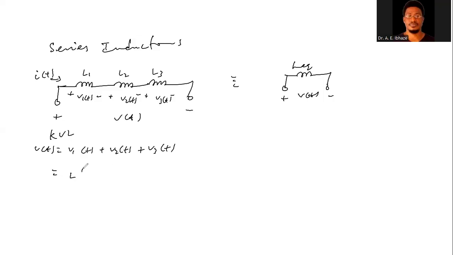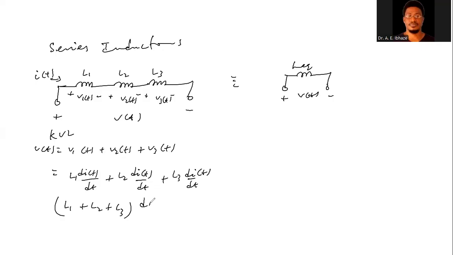And that will give us L1 di/dt plus L2 di/dt plus L3 di/dt, which is L1 plus L2 plus L3 times di/dt. So this is the equivalent inductance, which will be L1 plus L2 plus L3 for series connected inductors.